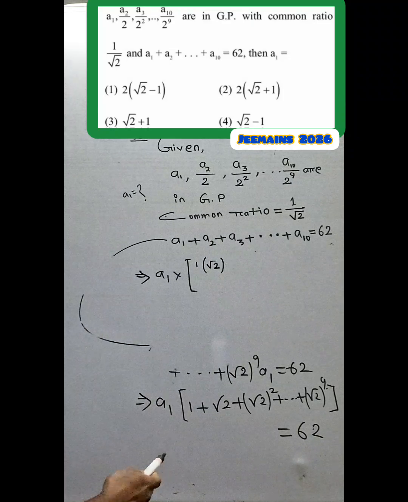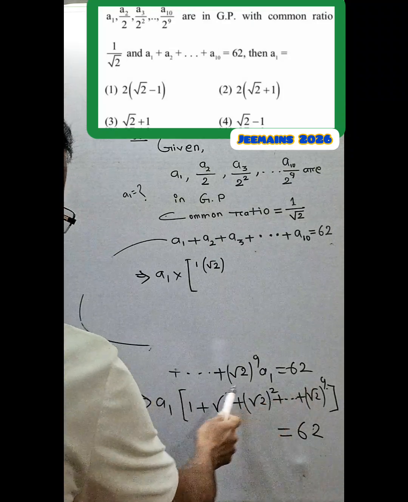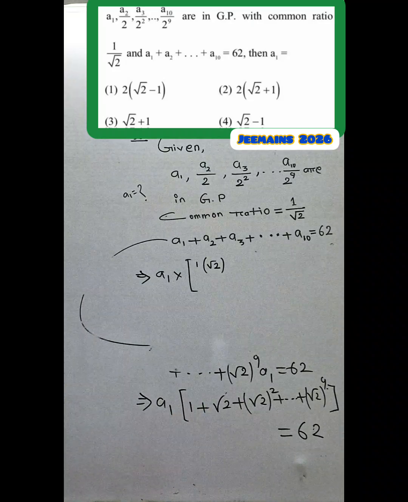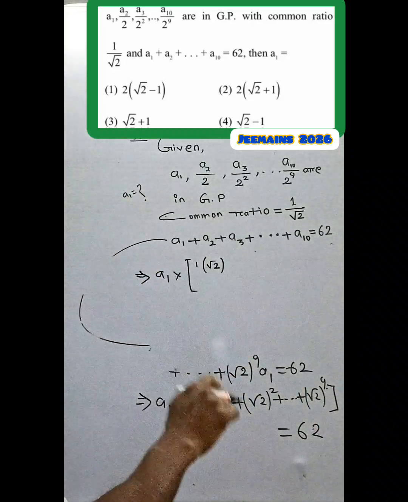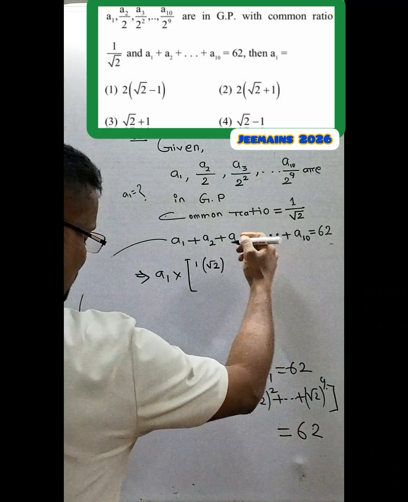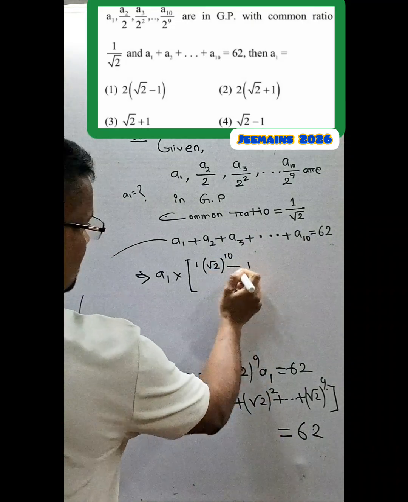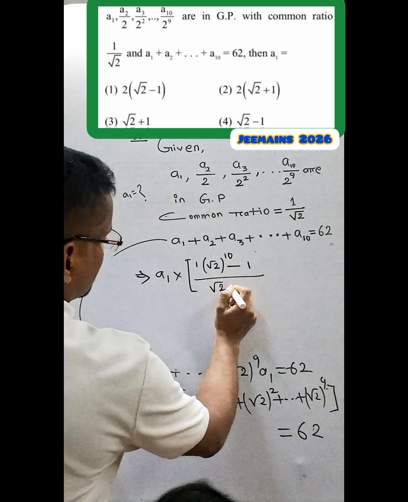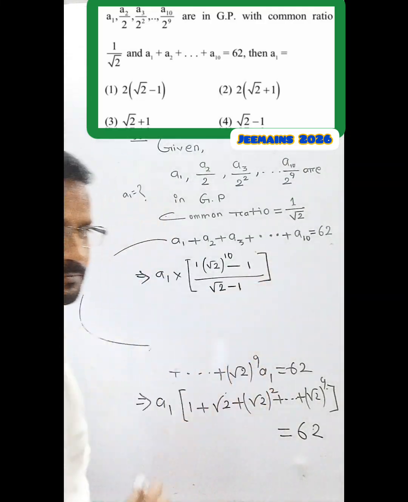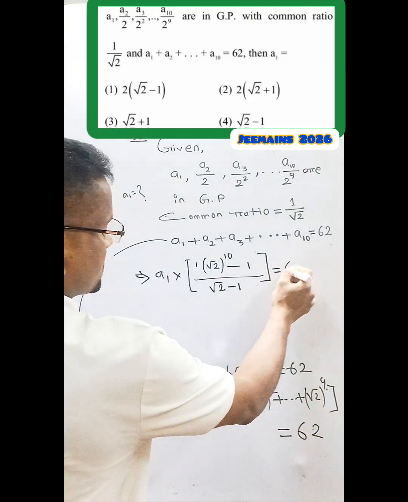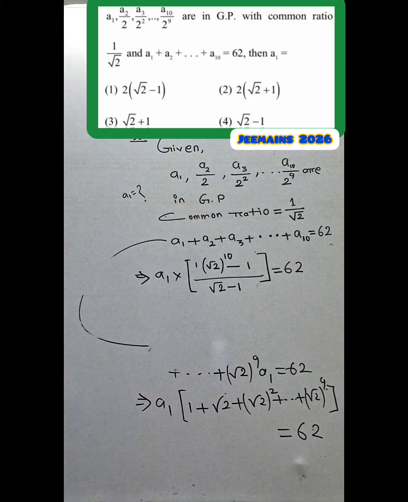How many terms are there? From root 2 power 0 to 9, 10 terms. So root 2 to the power 10 minus 1 by root 2 minus 1, equal to 62 on the right hand side.